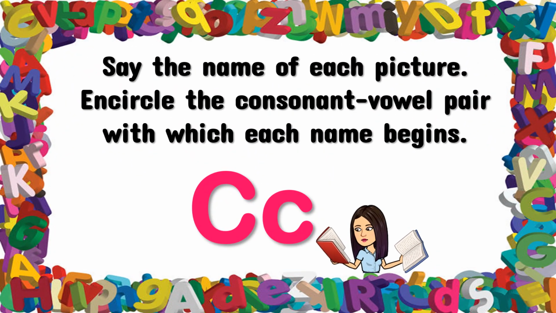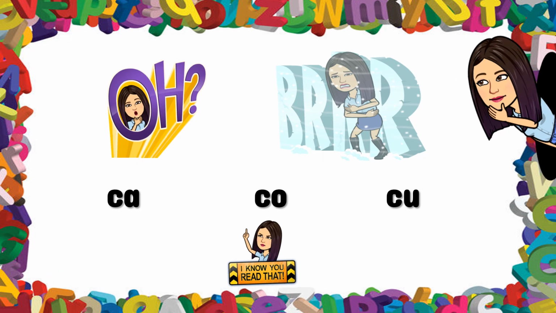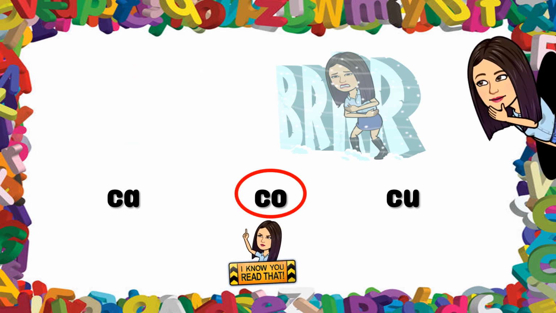Say the name of each picture and circle the consonant-vowel pair with which each name begins. To actively participate in this activity, you may write your answer in the comments section. The beginning sound of the name of the picture is cold.